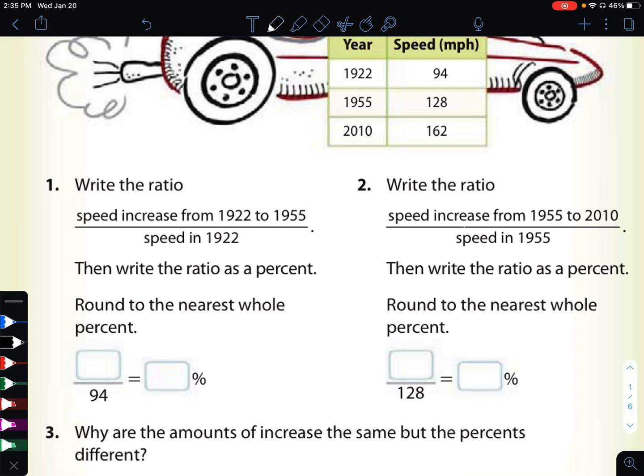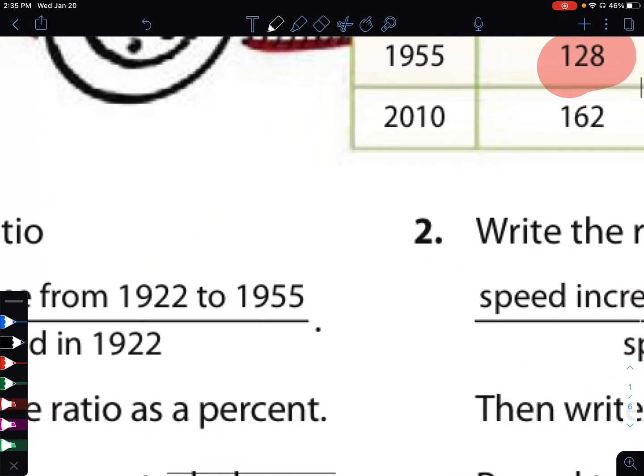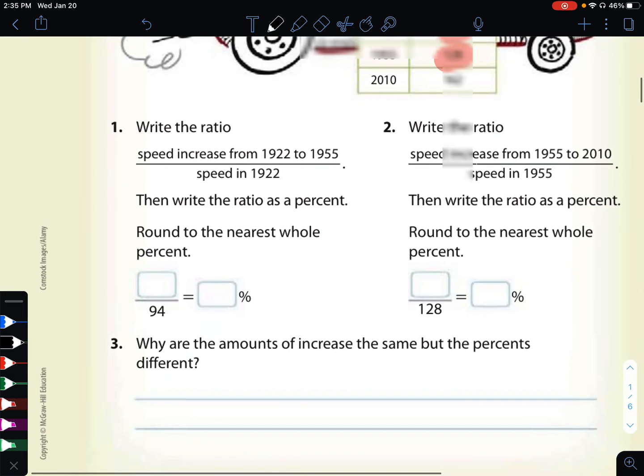If I subtract 94 from 128, I will get 34. And if you get a calculator, it's 34 divided by 94 multiplied by 100.